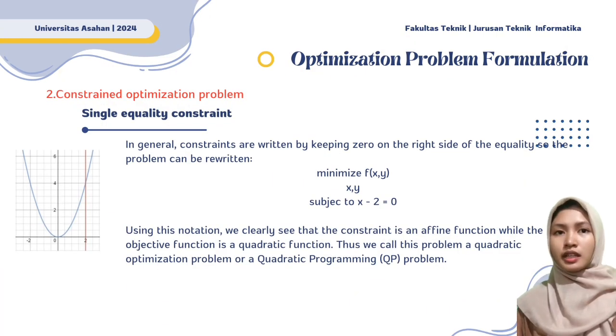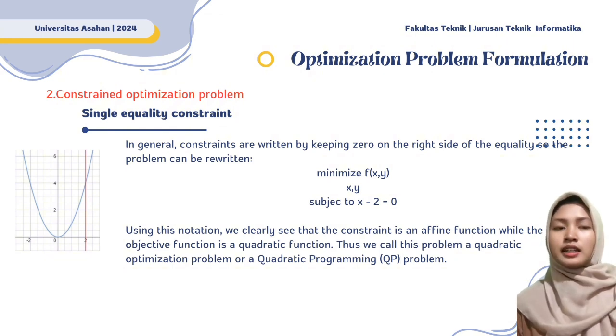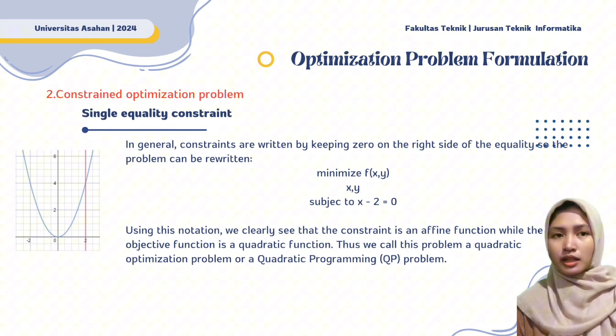And then the second, the constrained optimization problem. Here we have a single equality constraint. In general, constraints are written by keeping 0 on the right side of the equality, so the problem can be written minimize f(x), subject to x - 2 = 0.